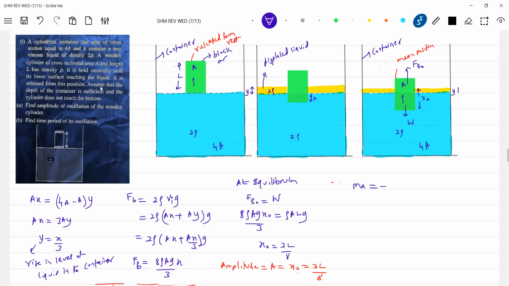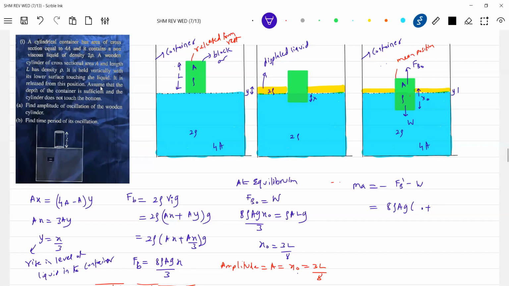So ma should be equal to what is FB dash, rho A r g.